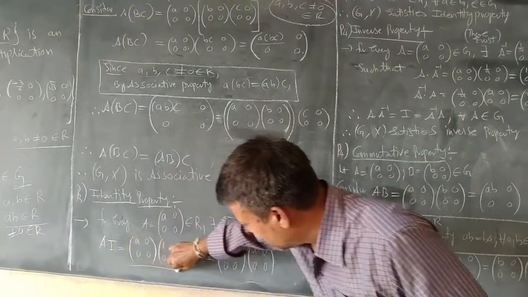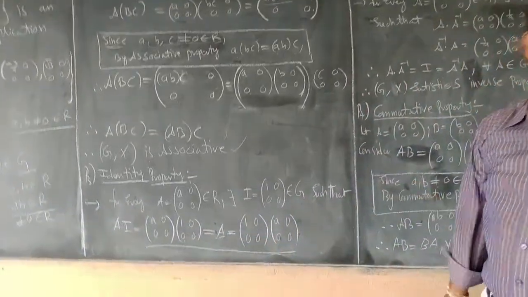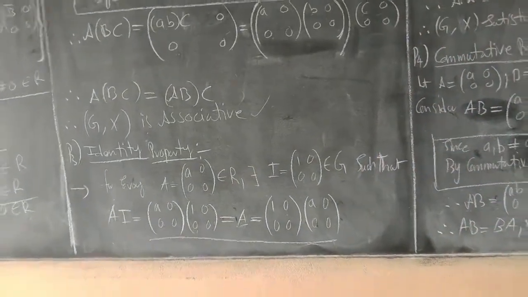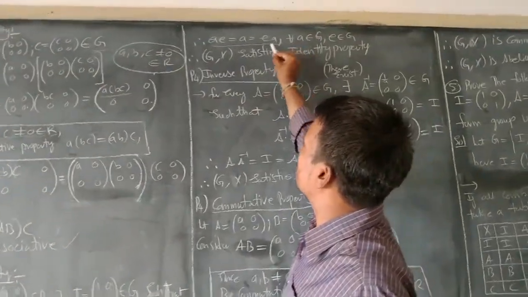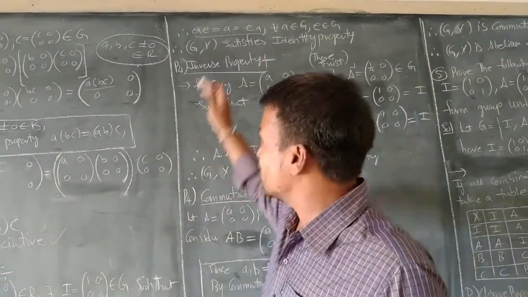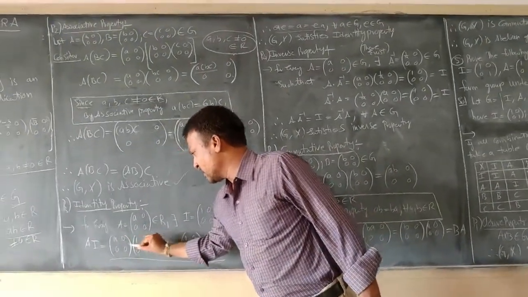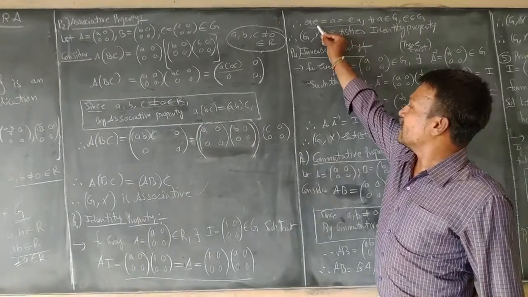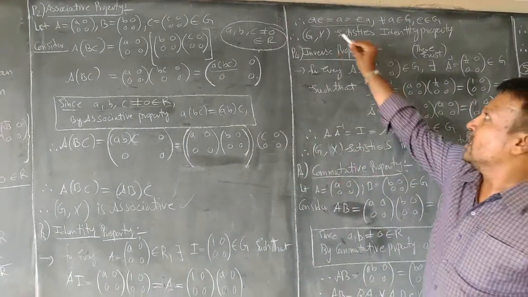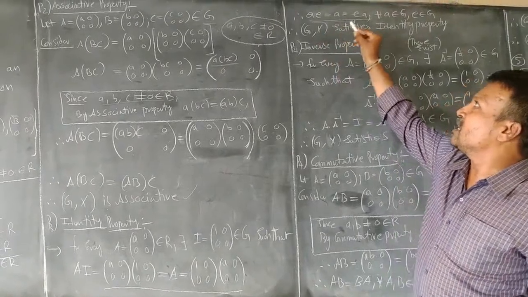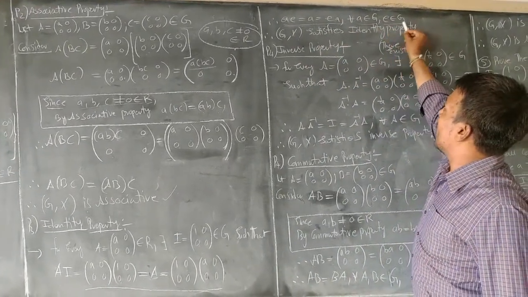If we observe carefully, the whole thing is in the form of small a into e is equal to a is equal to small e into a. Instead of small a, the matrix [a 0; 0 0] is present. Instead of e, [1 0; 0 0] is present. So, it is the identity property: AE is equal to A is equal to EA, for every A belonging to G, E belonging to G.